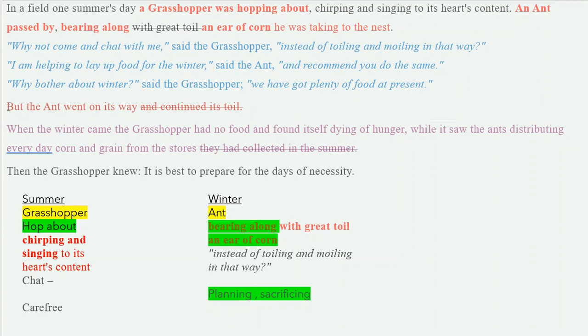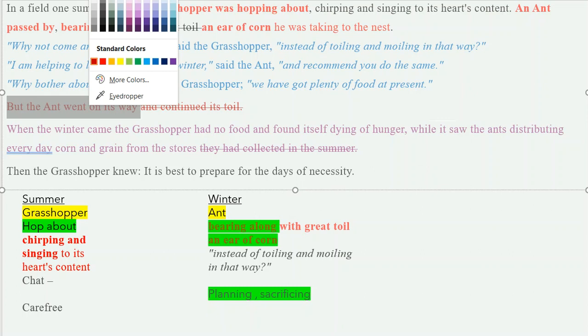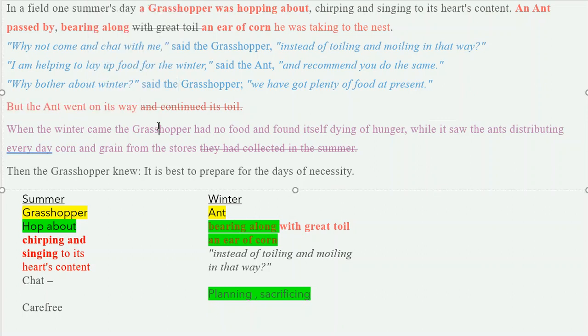So look at that. "The ant went away on its way." The sentence again could have stayed as it is, right? We could have had it this way. But what did the author do? "And continued its toil." Oh my God, continued its toil. We're just going to put it here as another group, right? So it all belongs to the group of winter.